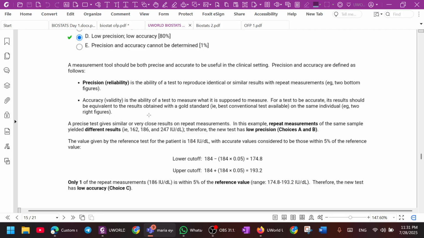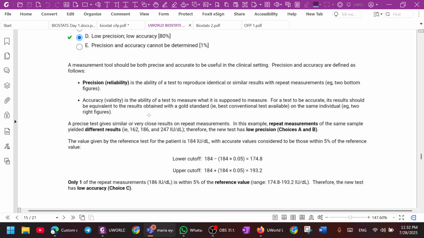Accuracy, or validity, is the ability of a test to measure what it is supposed to measure. For a test to be accurate, its results should be equivalent to the results obtained with gold standard conventional tests available on the same individual.